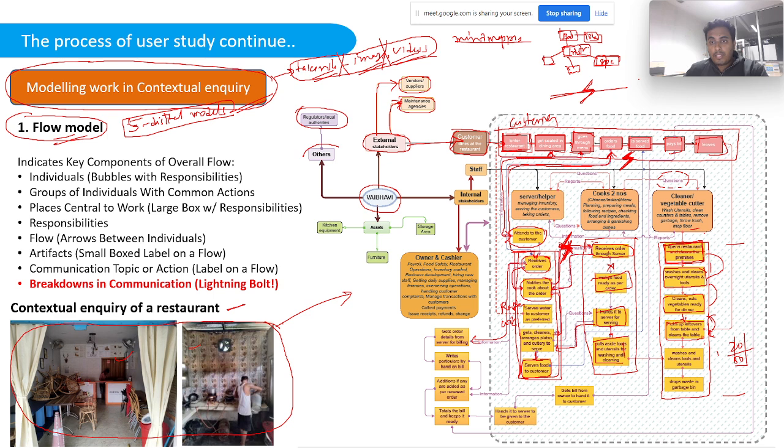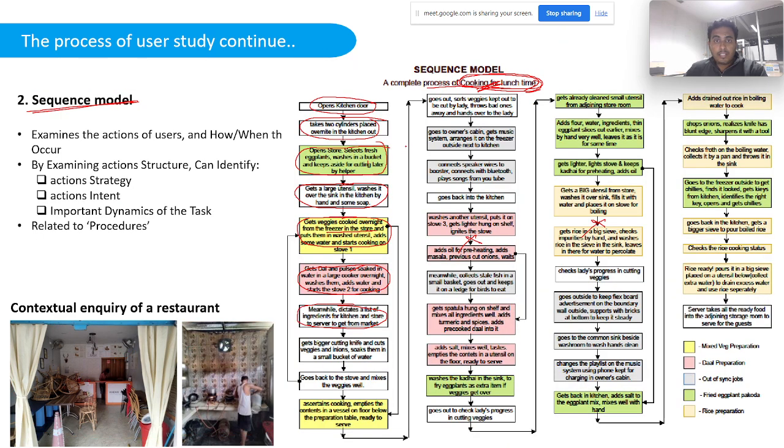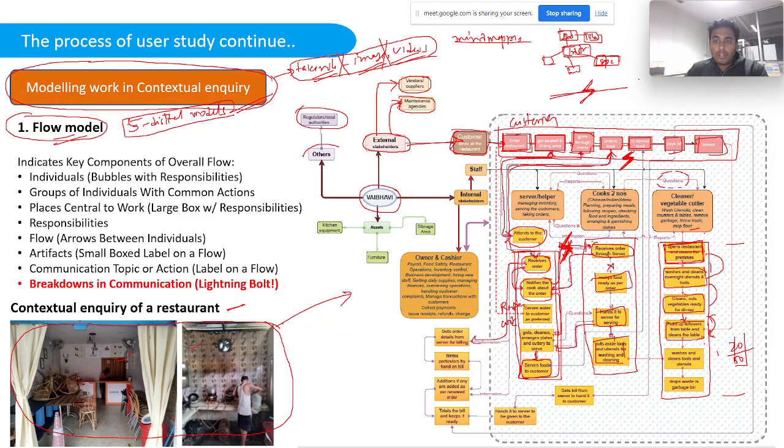When you represent this particular sequence in great detail, you can pinpoint that particular breakpoint, because when you represent the same sequence in a flow model, you only have four places, four broad activities. So when you say breakdown happens here, it is very difficult to actually understand what happens.